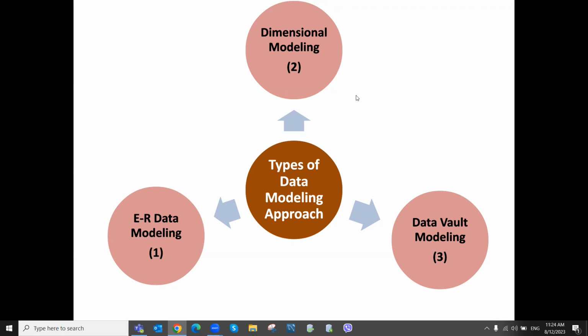Reporting should be based on the OLAP database. Transactions work against the OLTP database, which is based on the ER model. And in between sits the data lake, which is based on the data vault model, because of the flexibility it provides to absorb changes from the OLTP system.